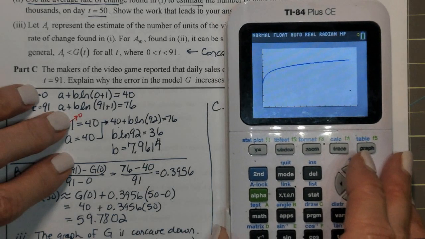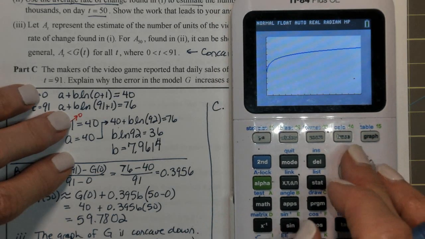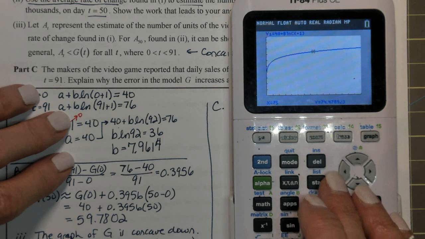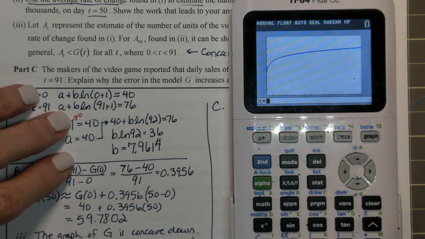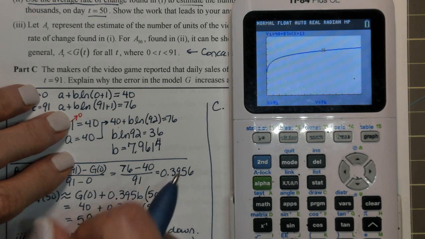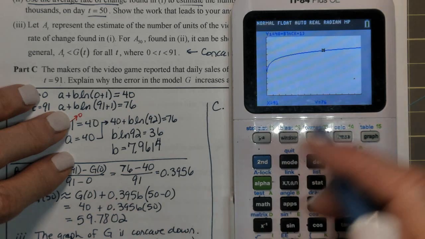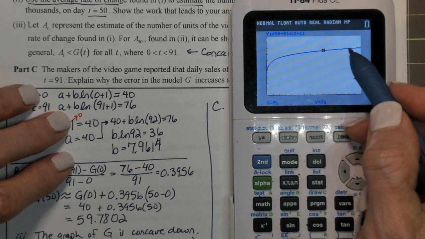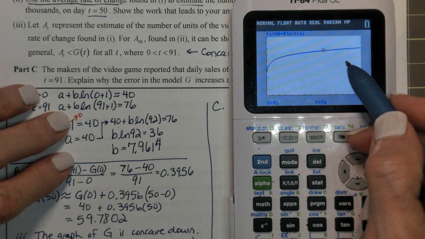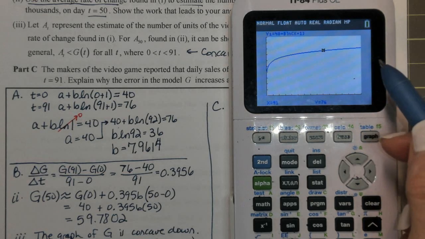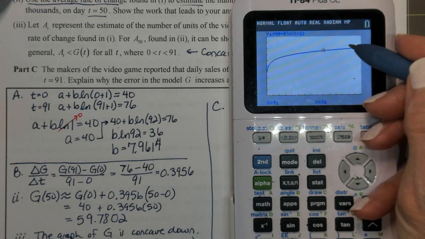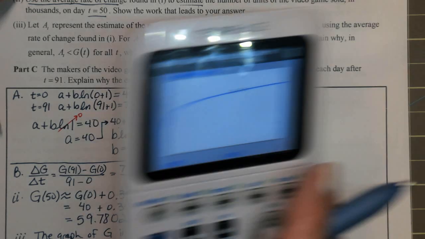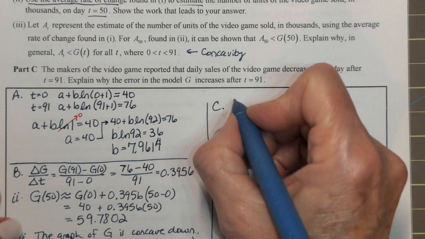So there's the graph of G. But they say after time 91, sales start to decrease. Well, the model is increasing. Sales are decreasing. Therefore, the error will be increasing. The error between the model and the actual will be increasing. That's exactly what I'm going to say.